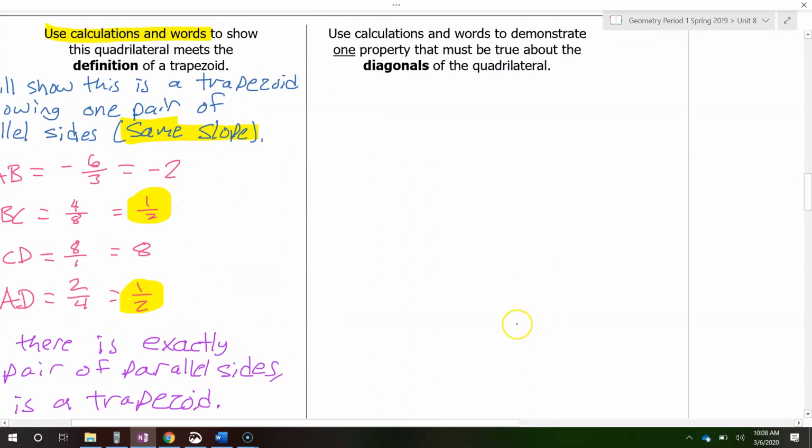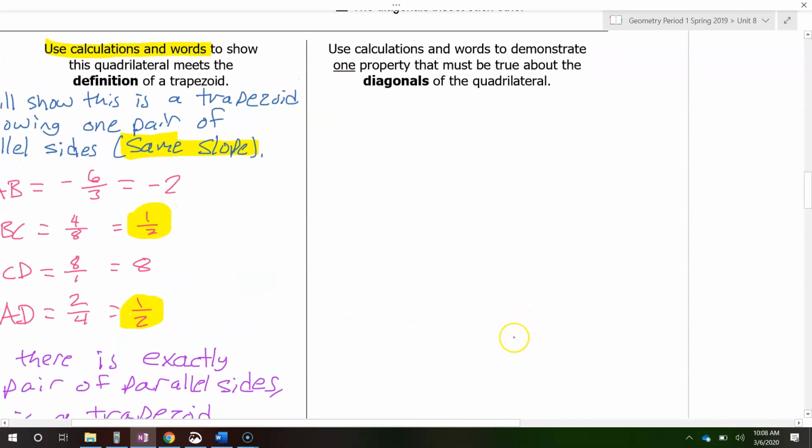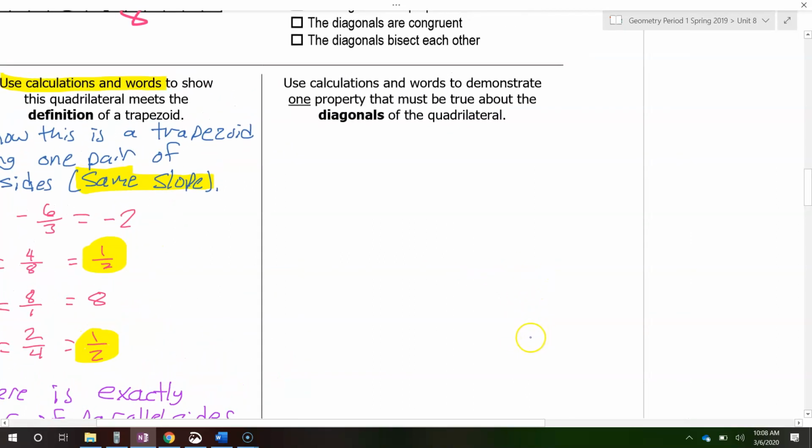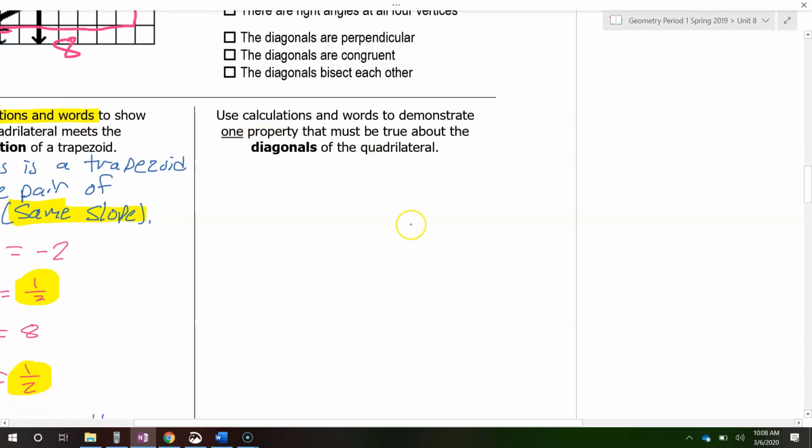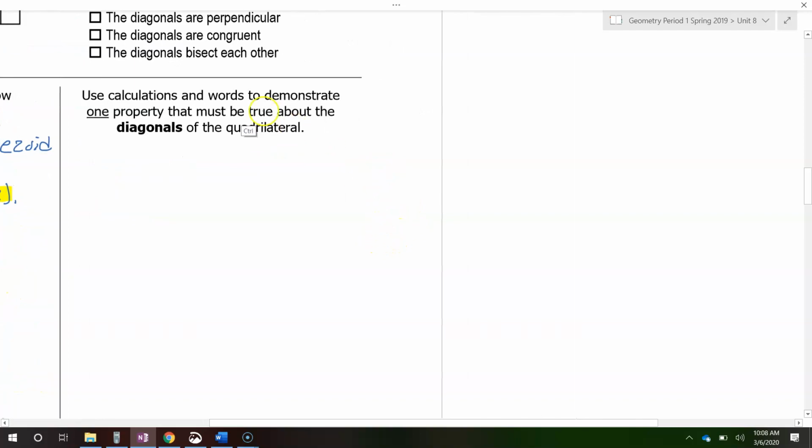All right. Now, before I stop this video, let's talk about this category over here. Use calculations and words to demonstrate one property that must be true about the diagonals of a quadrilateral.